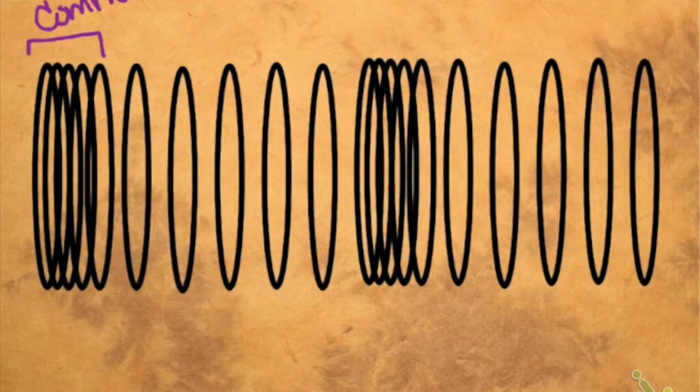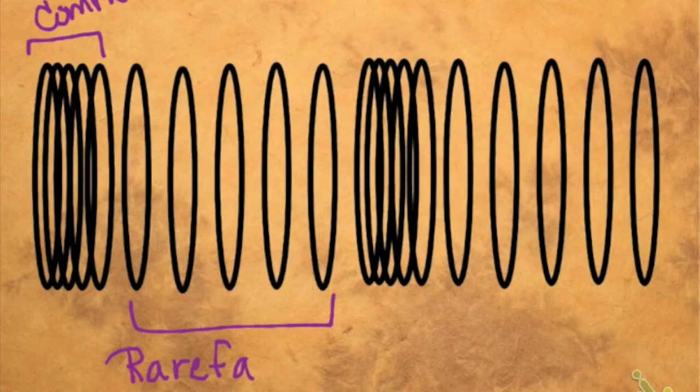The opposite of the compression is when everything is all spread out. This is called a rarefaction. So when things are squished together, it's a compression. That should make sense. And when things are spread apart, that is the rarefaction.